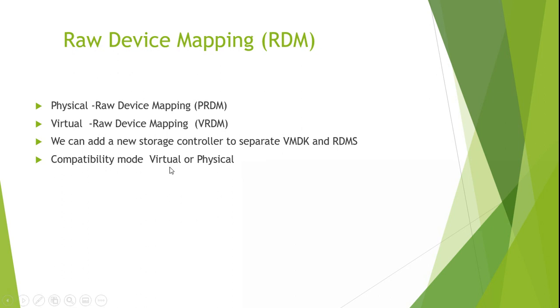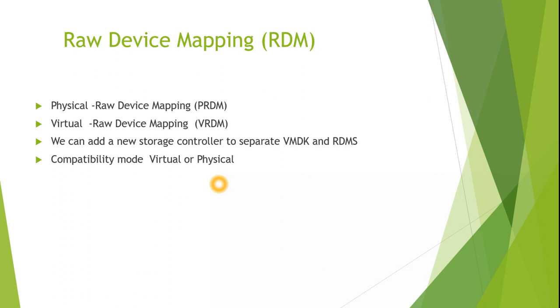Okay, and then as I was saying, when we are attaching it, you will get an option for compatibility mode. You will select whether you want it as virtual or physical. Now there are two different things and they have got some limitations. If you have virtual, you can take snapshots, and if you have physical, you can't take snapshots, but the advantage is that the disk from storage, which the LUN is presented from the storage, is directly available to the guest operating system, and the guest operating system can directly store the data.